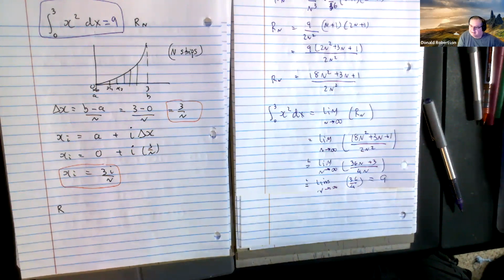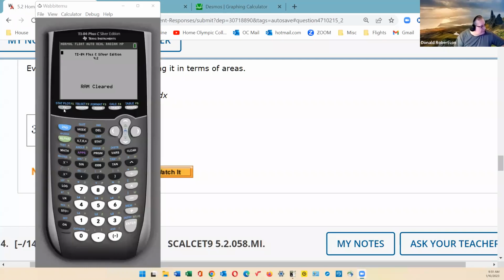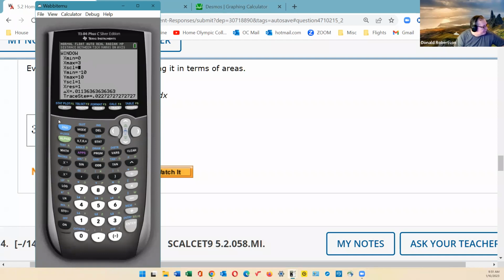Do you believe me? Yep. Right. Well, just to prove or to emphasize that it was right, let's go here. Y equals x squared, 0 to 3.